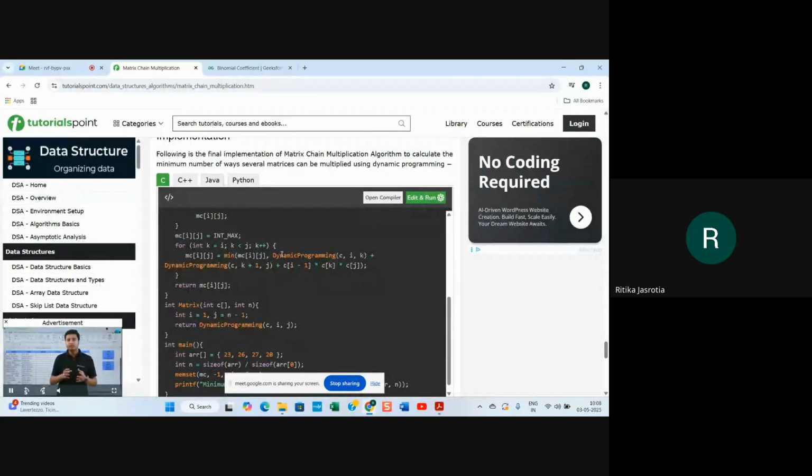So this is the formula: dynamic programming of i,k plus dynamic programming of k+1,j plus c[i-1] into c[k] into c[j]. And then you return mc[i][j].